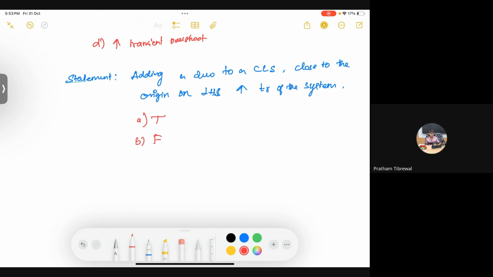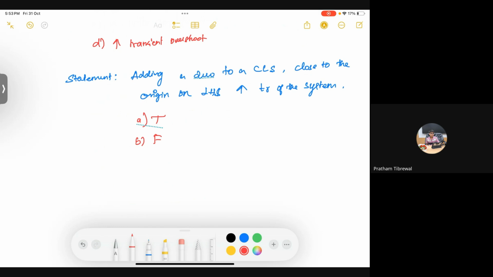Adding a zero to a closed loop system close to the origin on the left hand side, not right hand side, close to the origin on the left hand side. Consider minus 0.1, minus 0.5, minus 1, whatever, but close to the origin, increases the rise time of the system.